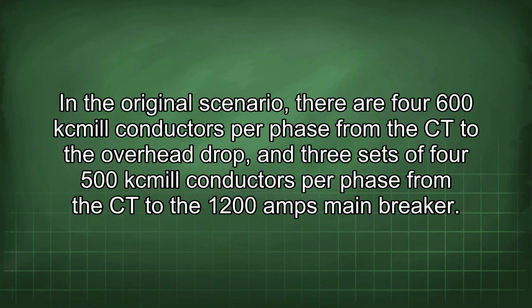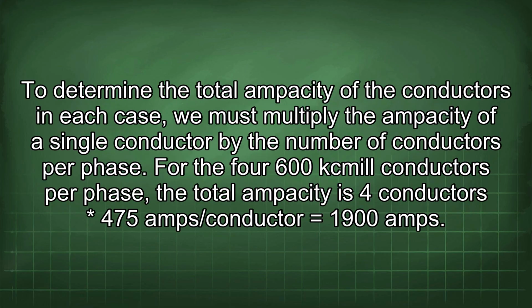In the original scenario, there are 4 600 kcmil conductors per phase from the CT to the overhead drop, and 3 sets of 4 500 kcmil conductors per phase from the CT to the 1200 amp main breaker. To determine the total ampacity of the conductors in each case, we must multiply the ampacity of a single conductor by the number of conductors per phase.